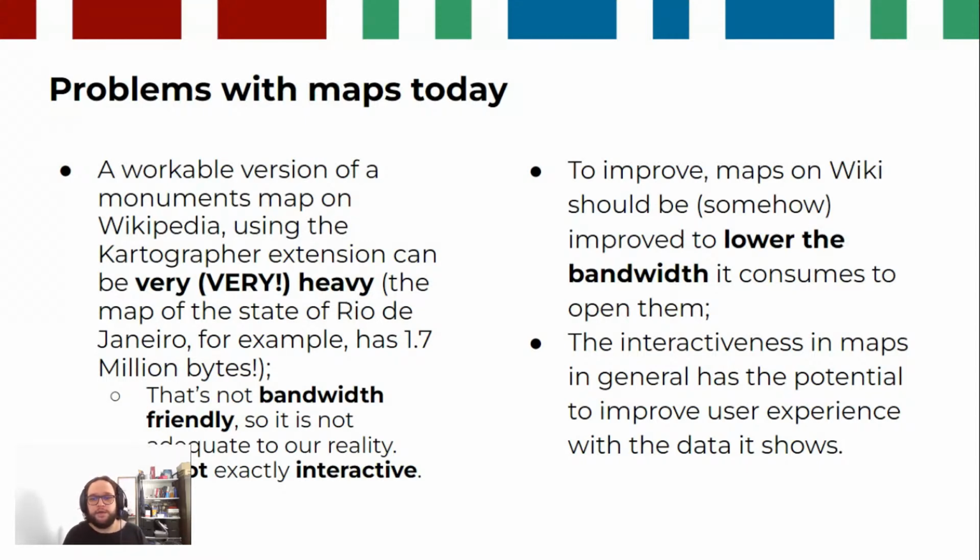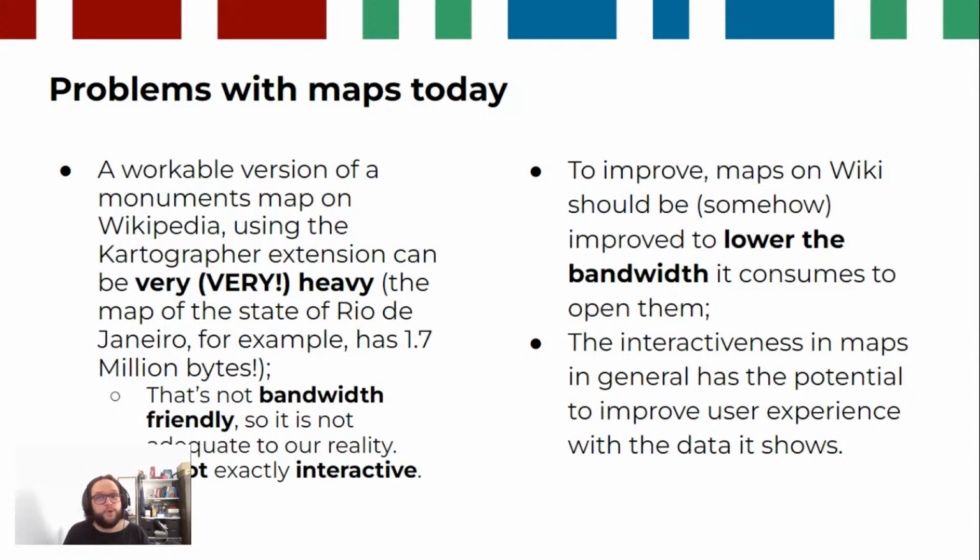You basically can't filter the information you are seeing. And with Leaflet and other map libraries, you can do this at the click of a button. It doesn't cost much.